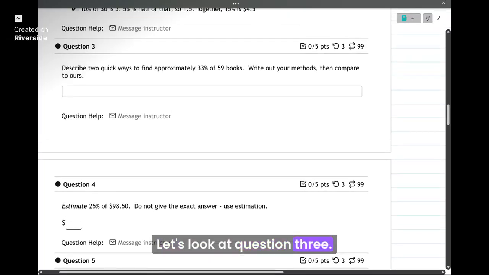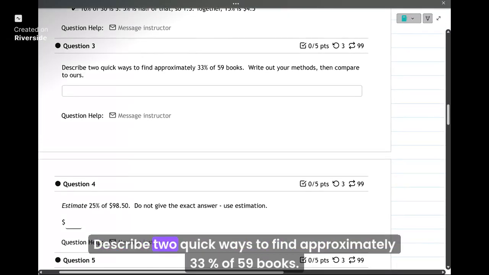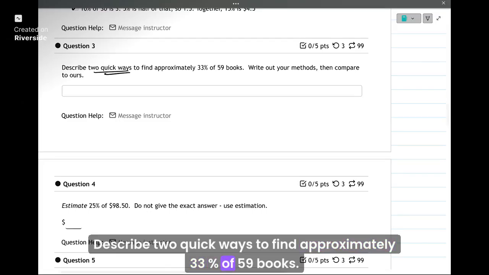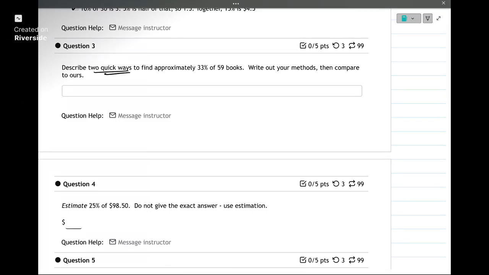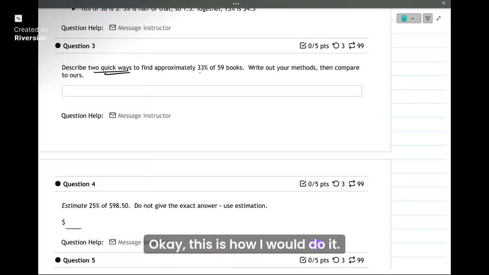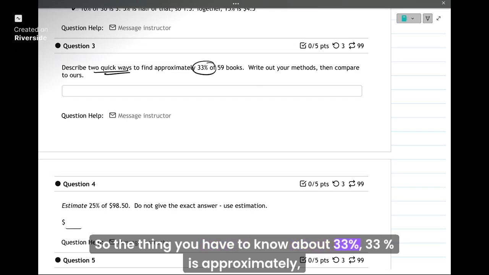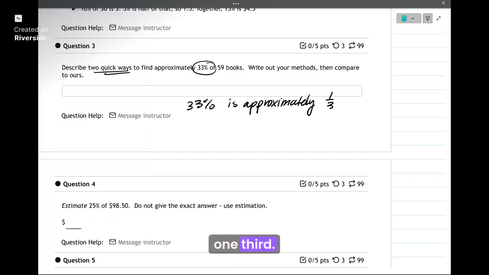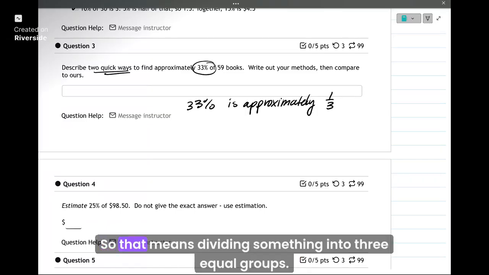Let's look at question 3. Describe two quick ways to find approximately 33% of 59 books. Okay, this is how I would do it. So the thing you have to know about 33% is approximately 1/3. So that means dividing something into 3 equal groups.